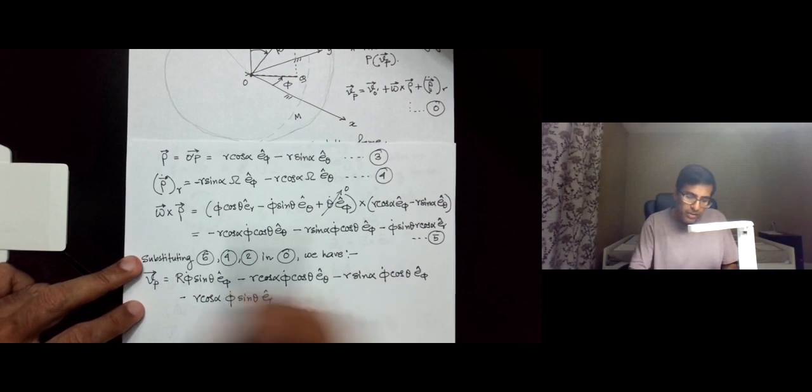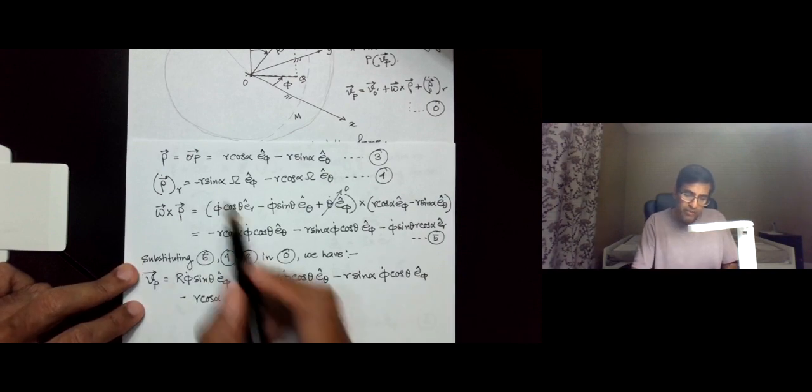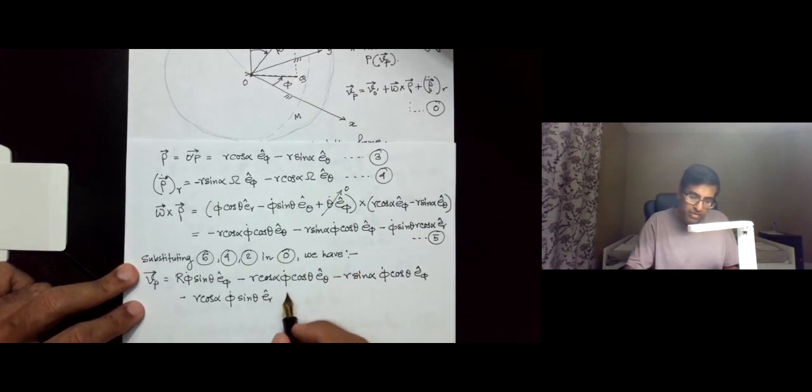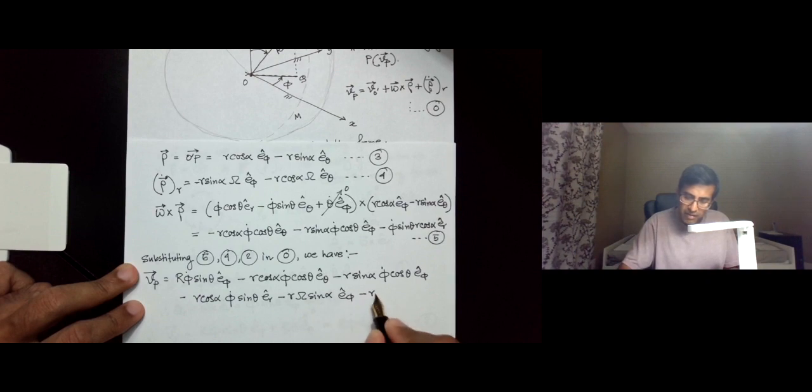So we have copied down omega cross rho, and then we are left with the terms from equation 4: minus small r omega sine alpha e phi, minus small r omega cosine alpha e theta.